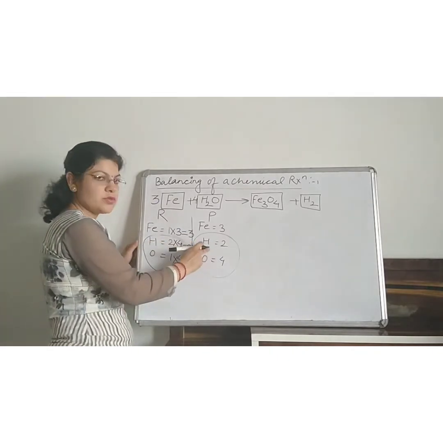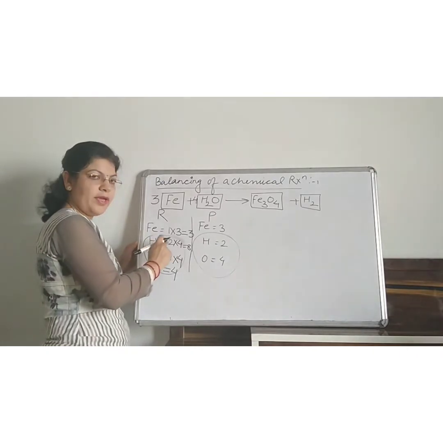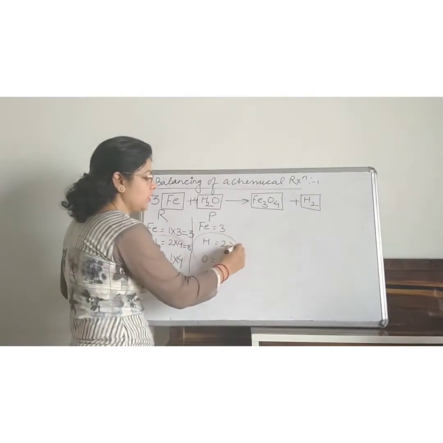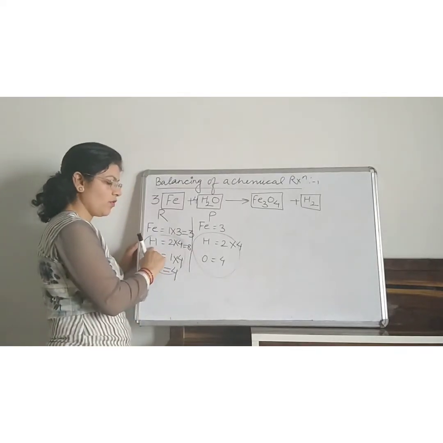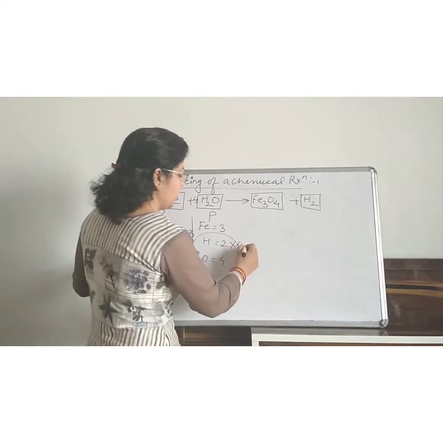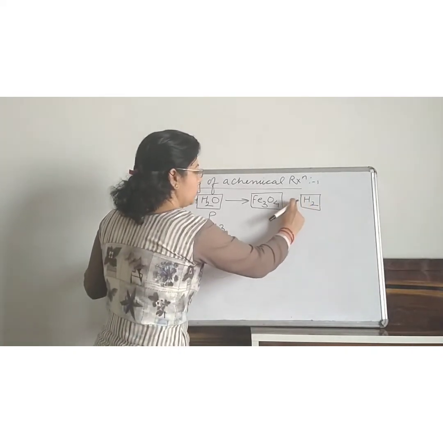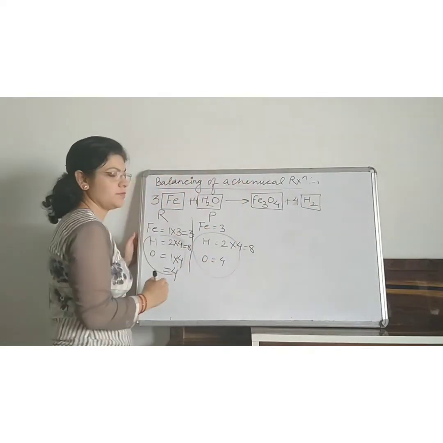Now hydrogen atoms are not balanced in this chemical reaction. To balance it, we have to multiply by 4 on the product side so that the number of hydrogen atoms is also balanced. So put 4 on the outside of the hydrogen gas.